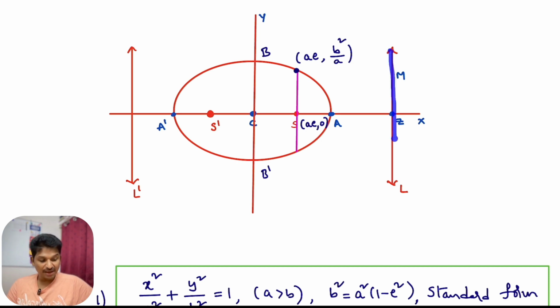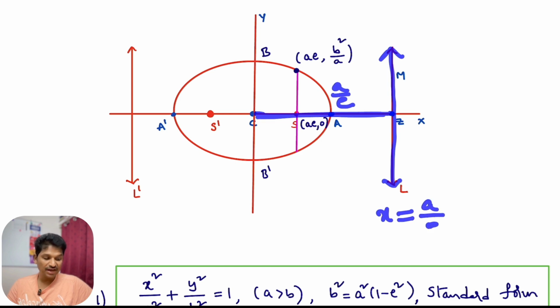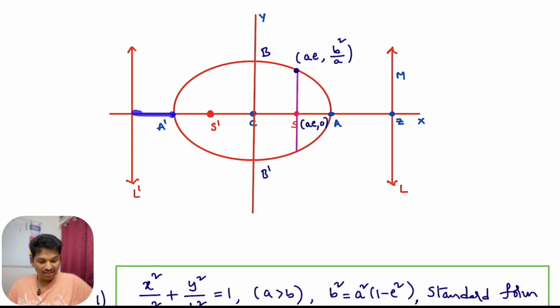As this line is parallel to the y-axis, its equation always starts with x equal to. And how far is it? This length is a by e. So the equation of directrix is x equal to a by e. And similarly, this length is also a by e, as it is on the left side of the origin.